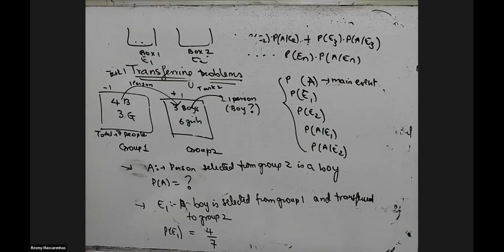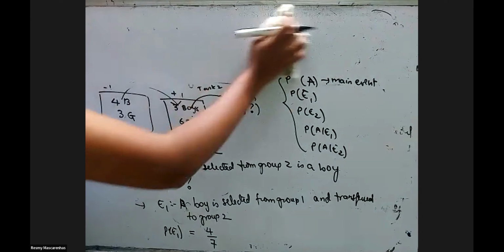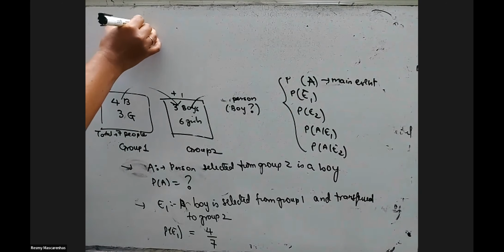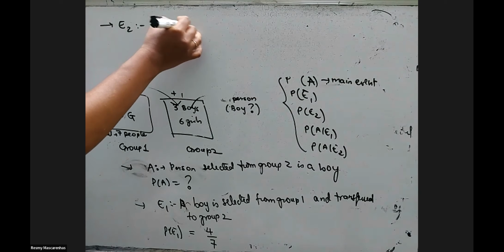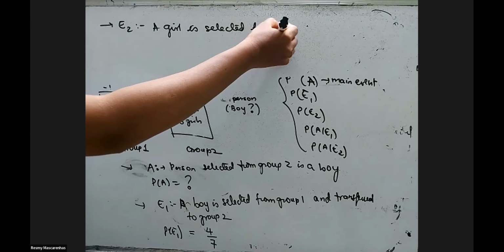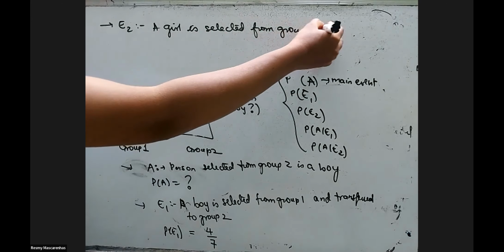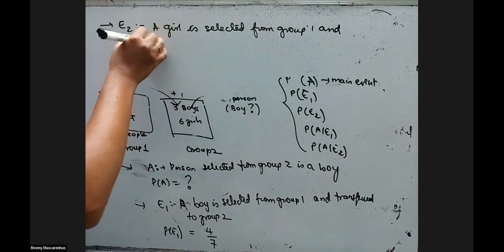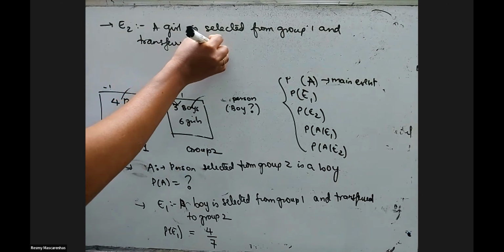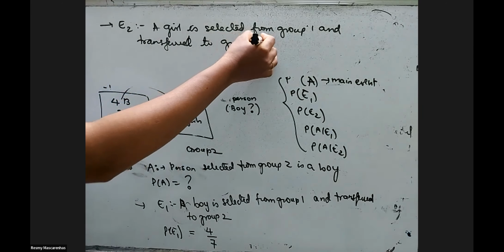Now there's one more thing. You could select a girl also. So we'll see what are the chances if you select a girl. So let E2 be: a girl is selected from group 1 and transferred to group 2.